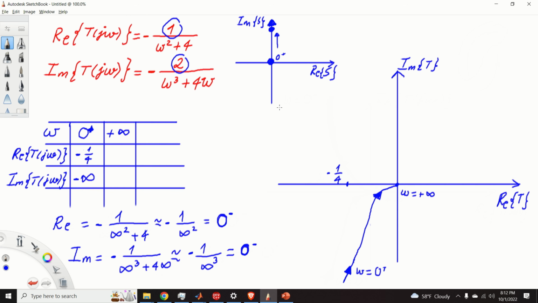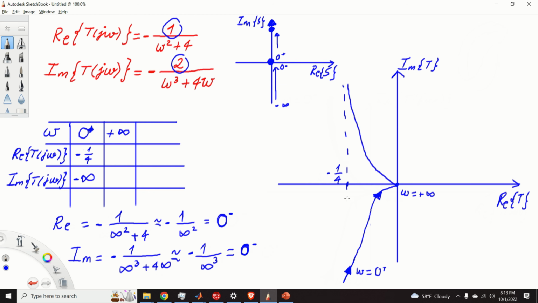So what happens when omega goes from minus infinity to a small negative number? Well, you don't need to sketch the Nyquist plot for these values. You can simply mirror your Nyquist plot with respect to the real axis. So the Nyquist plot for omega going from minus infinity to a small negative number will look somehow like this.